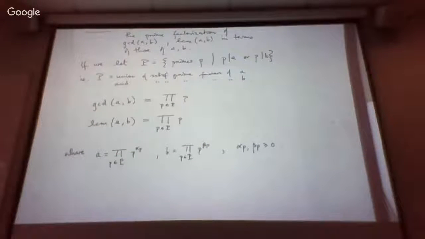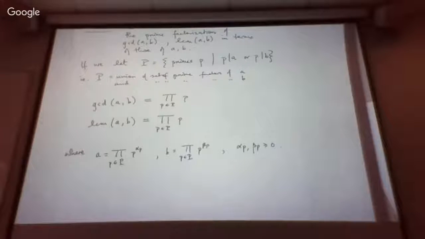So just to be clear, for example, the prime 2 does not occur in 495. So if 495 is A and 110 is B, then the alpha 2 would be 0, because we don't see a factor of 2 up here. So we do have 2 to the power 0 would be the way 2 occurs in the prime factorization of 495.